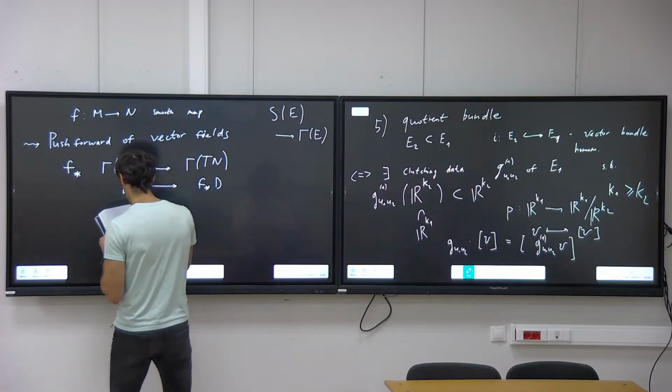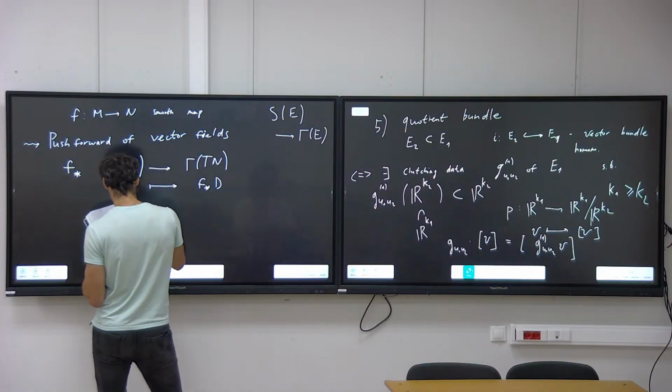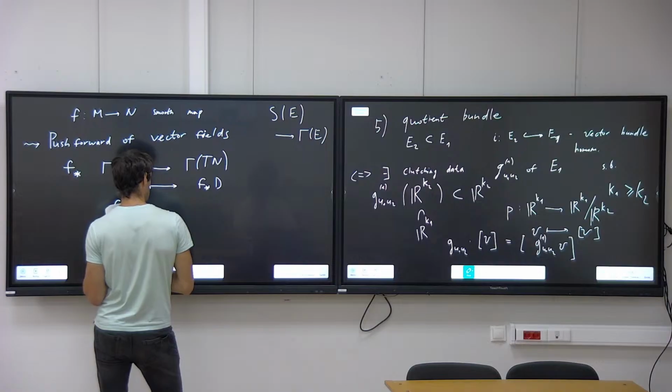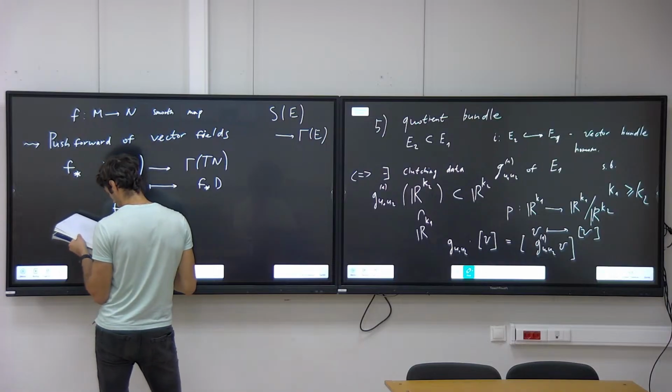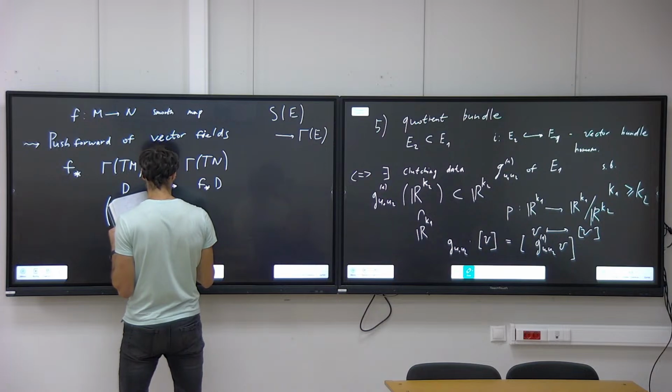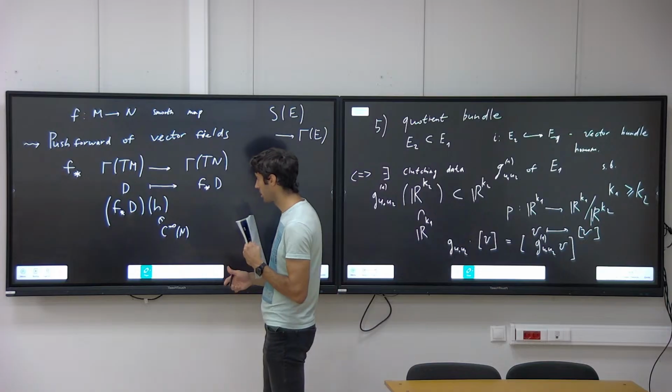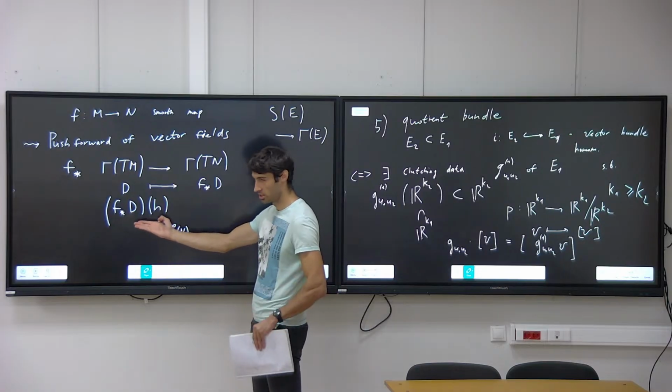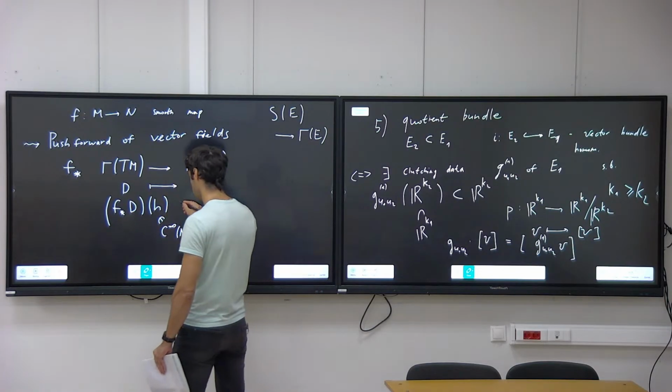I just say that F star D should eat some h, and this h is from C infinity of N. I should be able to understand what this means. Well, this is clear.